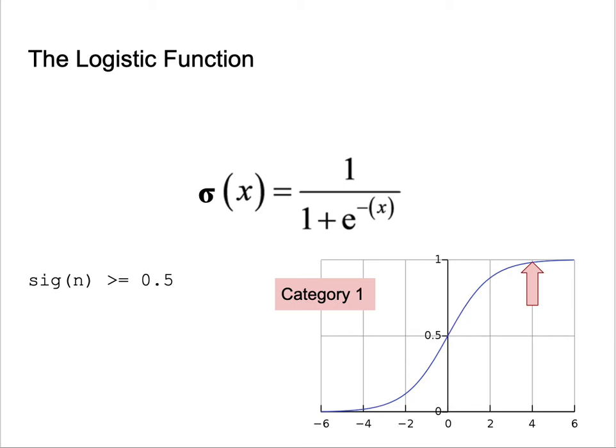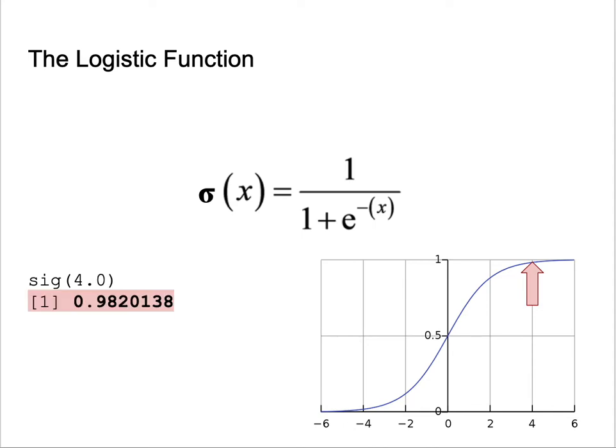Every number n, whose sig of n is equal or greater than 0.5, belongs into category 1. That's just a convention that we agree on. We could use other thresholds. We are using 0.5 in this case, just for an example. And every number n, whose sig of n is less than 0.5, will be in category 2.